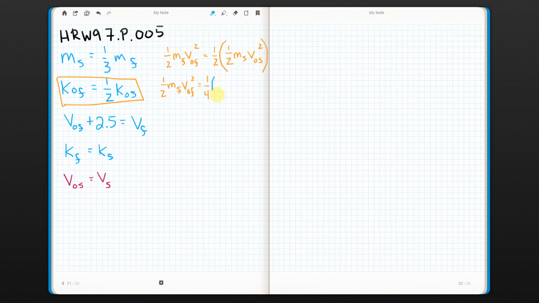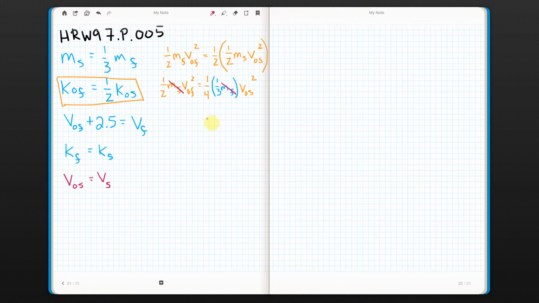So I'm going to replace the mass of the son with 1/3 the mass of the father, then keep writing V0S squared. Check it out, I now have the mass of the father on both sides, so I can get rid of it.